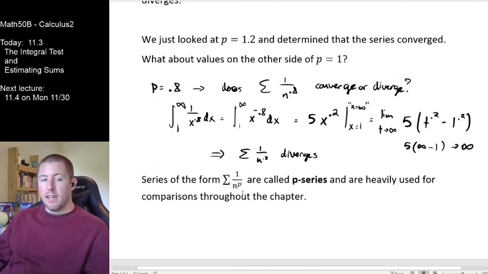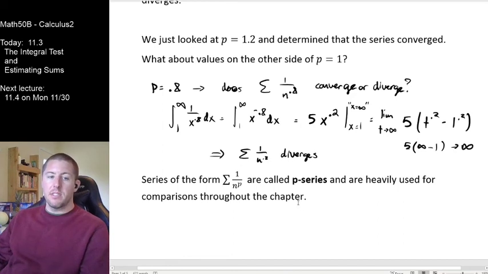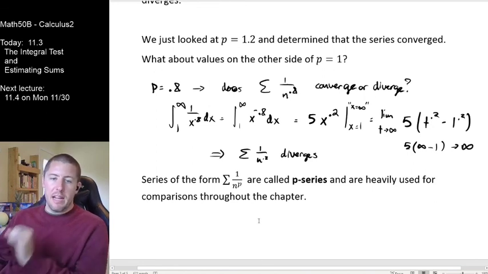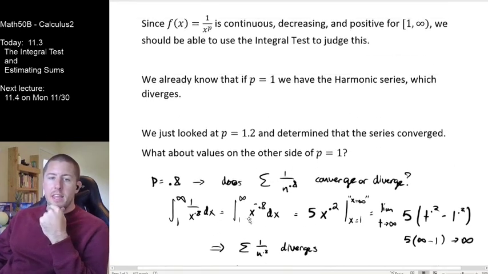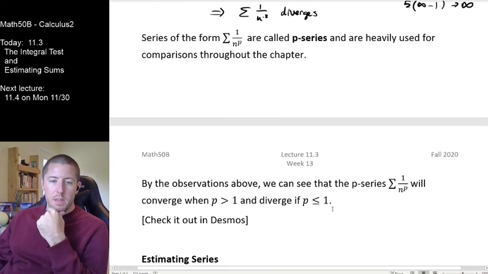We're going to make our claim in a second, and that's going to allow us to make a huge number of comparisons that tell us about tons of series convergence or divergence that we could never directly investigate, by just determining if they are larger or smaller than a known p-series. What I'm seeing here is that if the p values are bigger than 1, we experience convergence, and if they are 1 or less, we experience divergence.